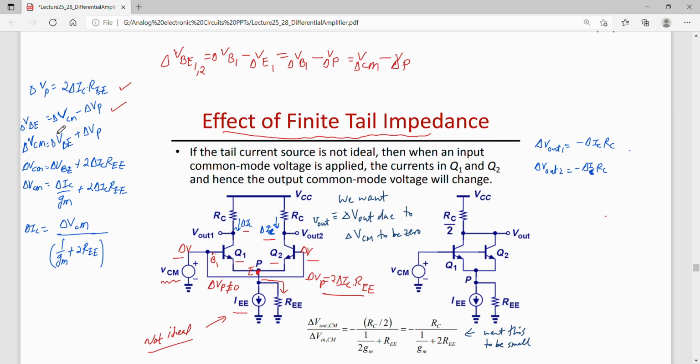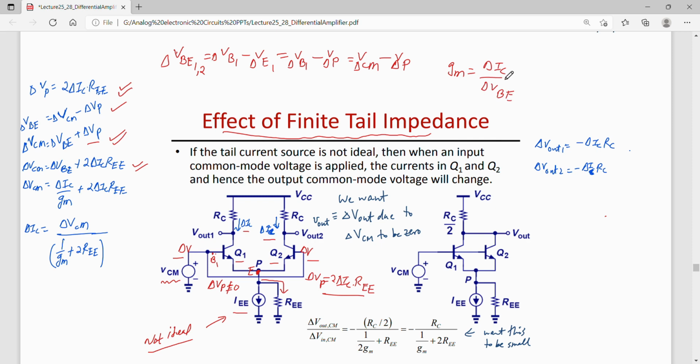So I can write delta VBE as delta VCM minus delta VP, or I can take this delta VP on the left hand side and write delta VCM as this much. Now Vp we have already found, so I can put it in this equation, and this equation modifies to this equation. Now I can write gm as delta IC by delta VBE.